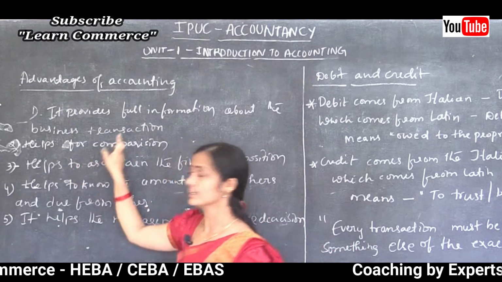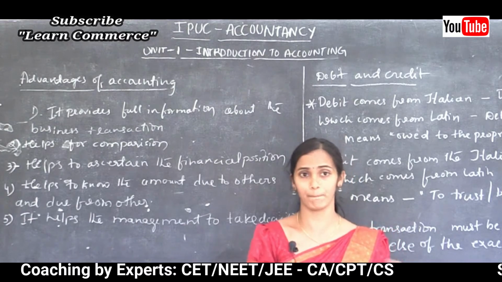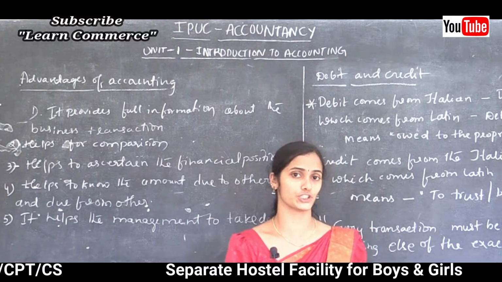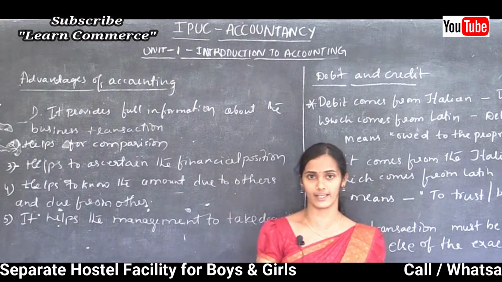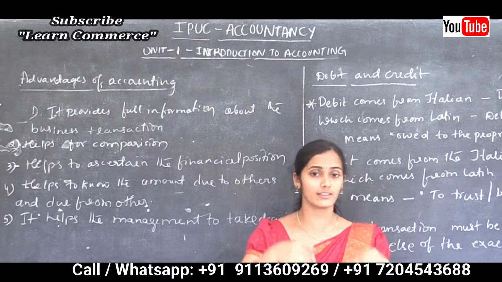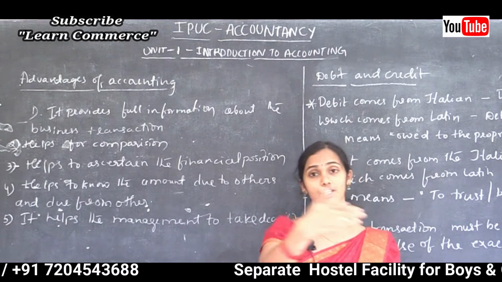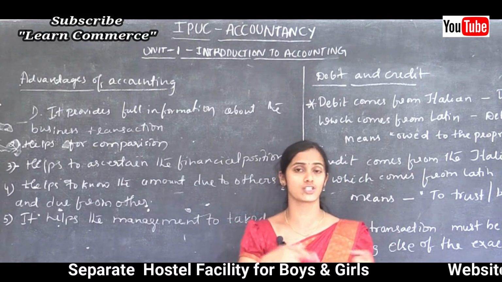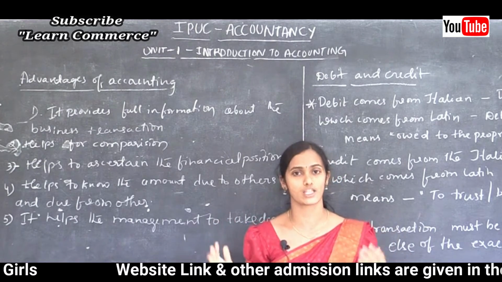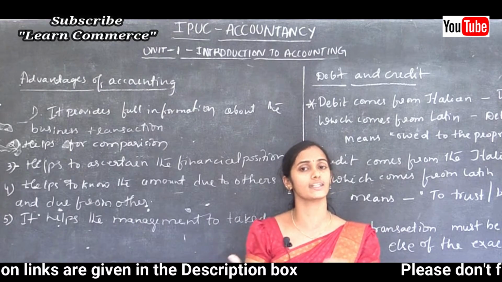Next, it helps for comparison. Comparison is very important: the comparison of the position of one organization with another, or the comparison of accounting information of the present year with the last year. For example, in the year 2019-20 the business organization earned 10 lakh as profit; how much in this year, or in the years 2018-19 and 2019-20?